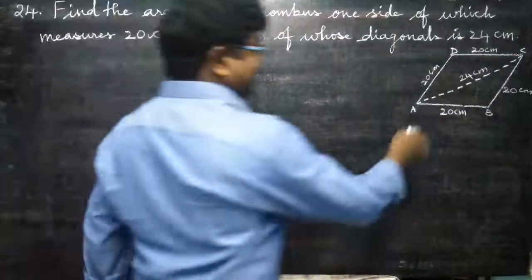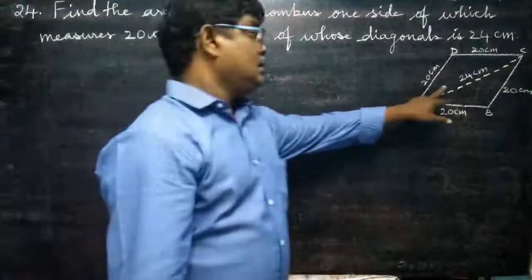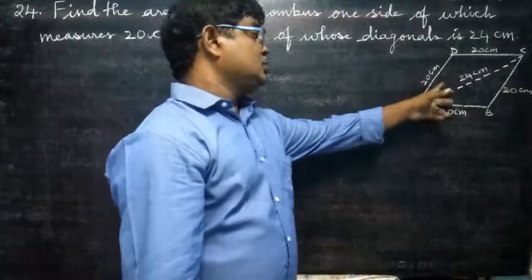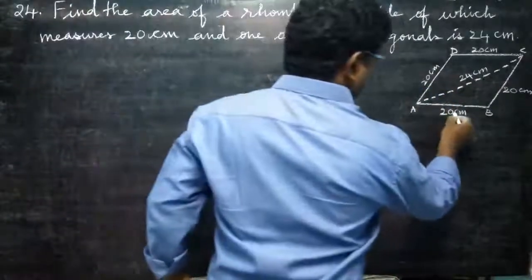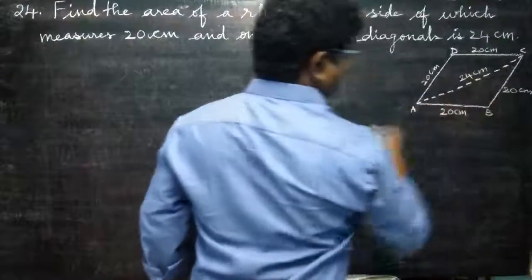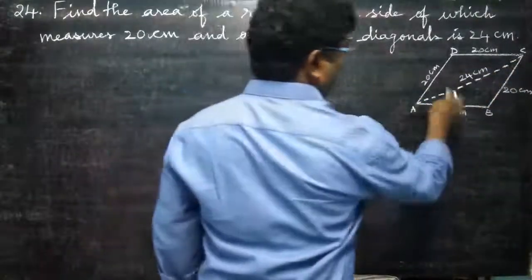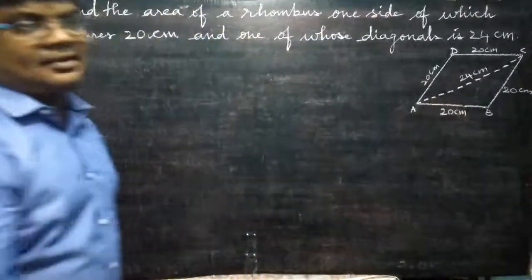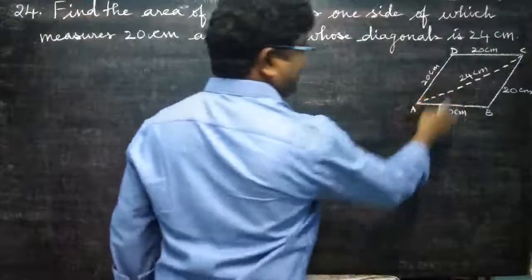Now this diagonal will divide the rhombus into two congruent triangles. How congruent triangles? Opposite sides are equal and this is the common side. So by congruency, it divides into two congruent triangles.